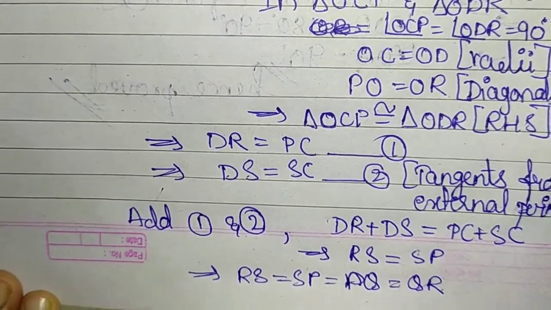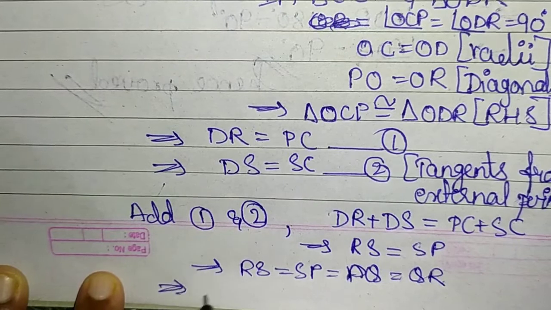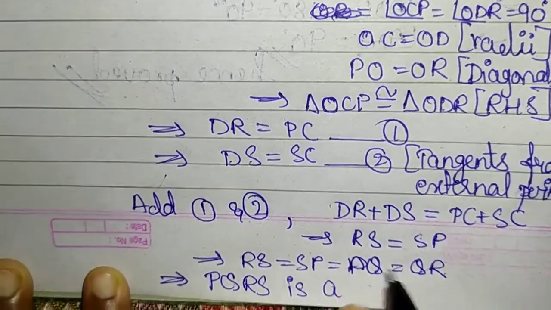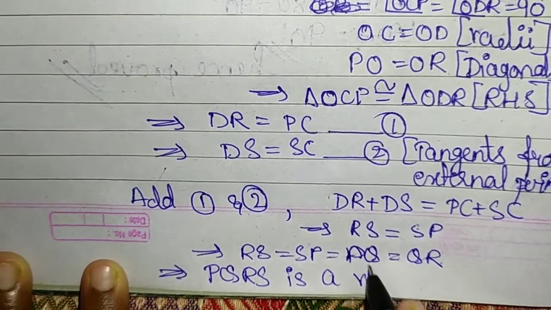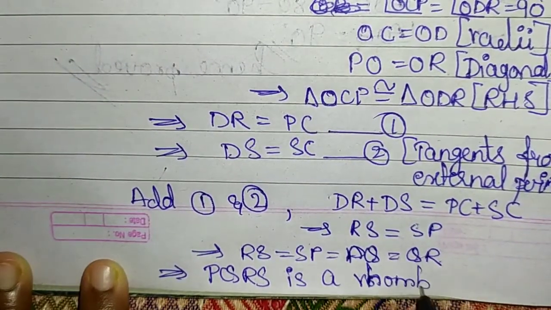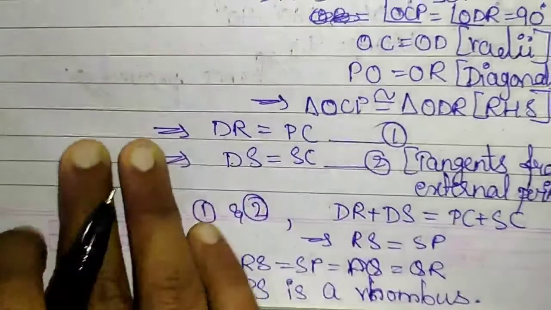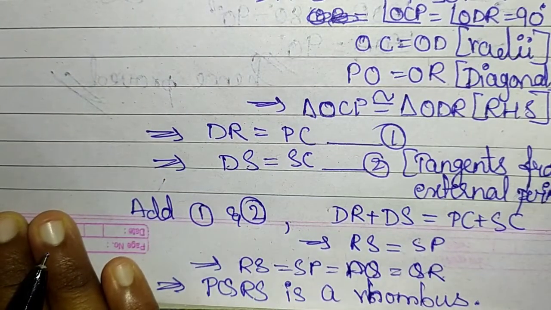Since all the sides are equal, the parallelogram is a rhombus. This implies PQRS is a rhombus. Not just are all the sides equal, but opposite sides are also parallel to each other. This is the solution for your 11th question.